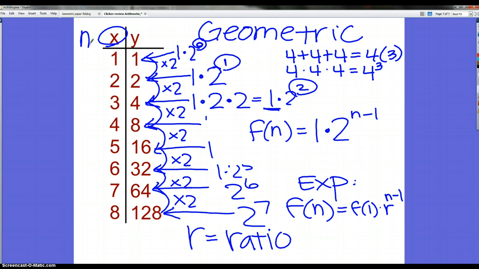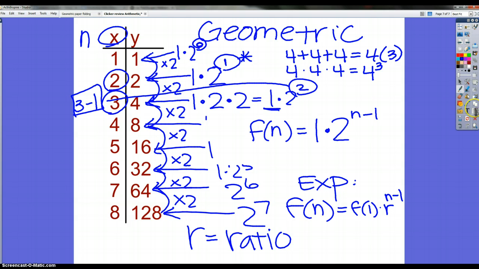And if you look over here, if we do 3 minus 1, that's where the 2 is coming from. So then again, if you do 2 minus 1, you're going to get this 1 right here. And that works throughout this whole thing. If we got 4 minus 1, that gives you this 2 to the third here.